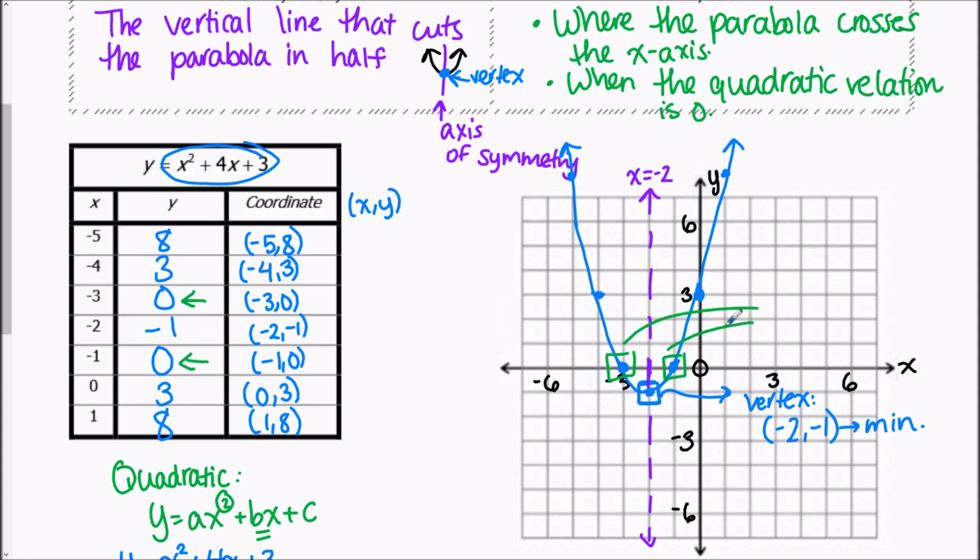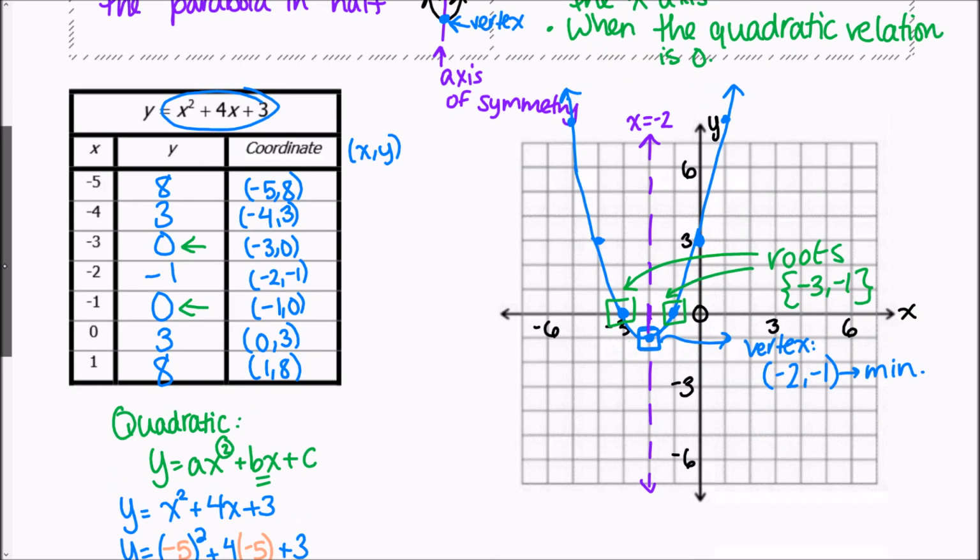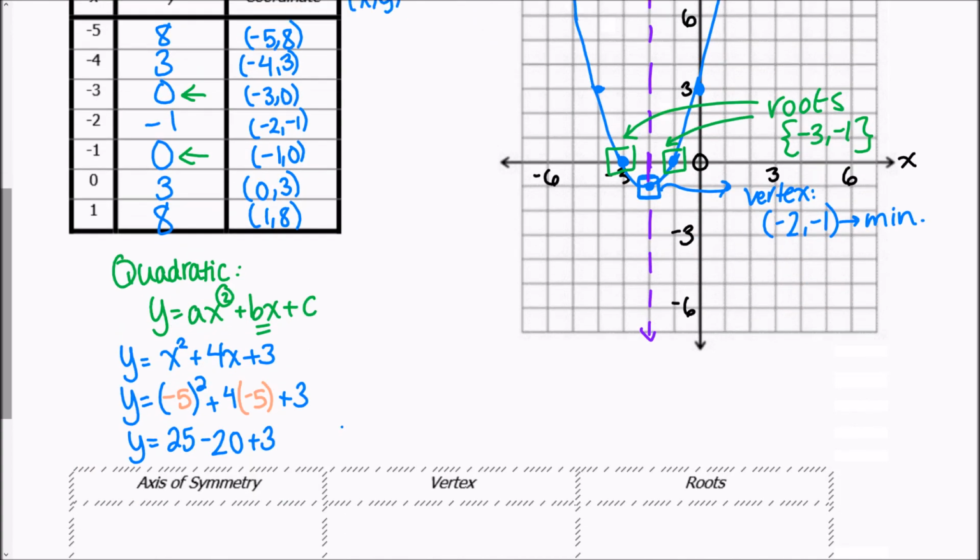So these two values right here are called our roots, and our roots are -3 and -1. And we use these squiggly brackets here to show that it's a set of answers. We have more than one answer, and we do not write them as coordinates because they're two separate points on our graph.